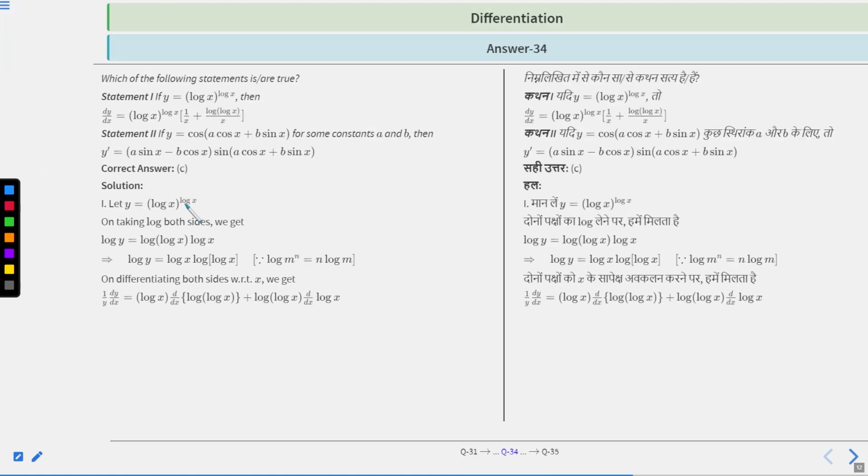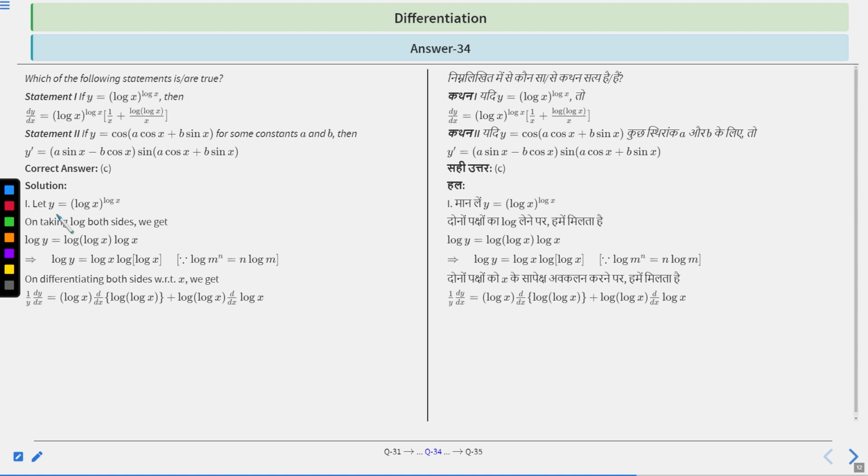Okay, let's move to the solution part. Let's go with statement 1. Let y be equal to (log x) to the power log x. As we have said, on taking log both sides, we get log y is equal to log x times log of log x. Now let's take the derivative both sides.